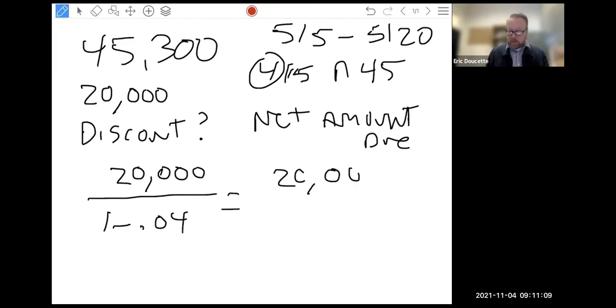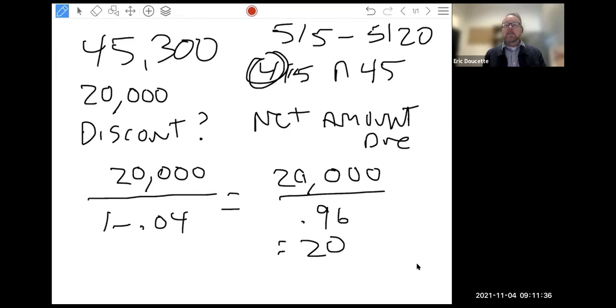It's a 4% discount right here, so it's going to be 96, right? So I'm going to divide 20,000 by 0.96, and that's going to come out to $20,833.33. So that is your actual payment because you were given a discount.